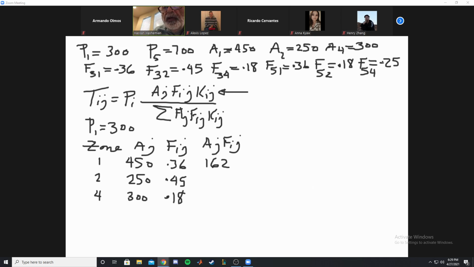And then you get 112. And you get 54. When you add these together, that's the denominator. That's going to be 328. So then what we need to do is we need to do Aj Fij divided by the summation.